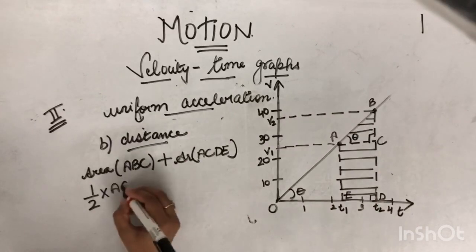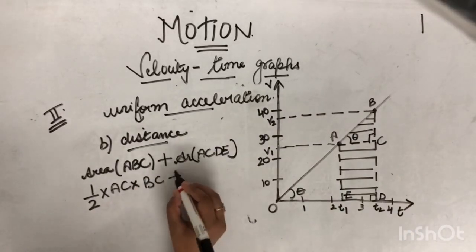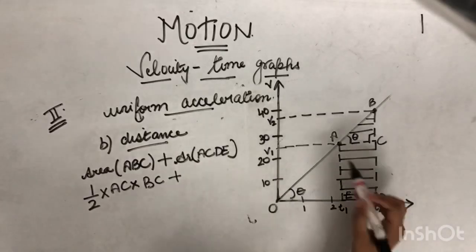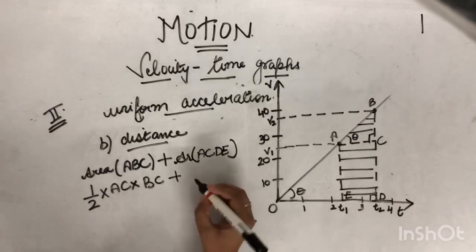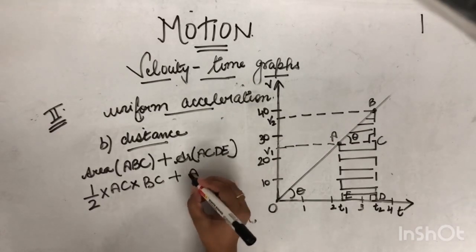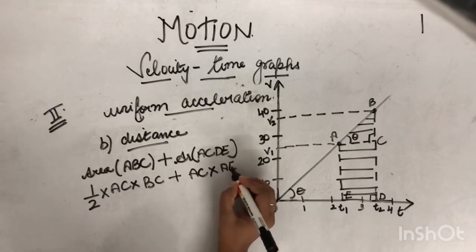What is the base? AC, and height is BC, plus the area of rectangle ACDE. Area of a rectangle is length into breadth, so it will be AC into AE.